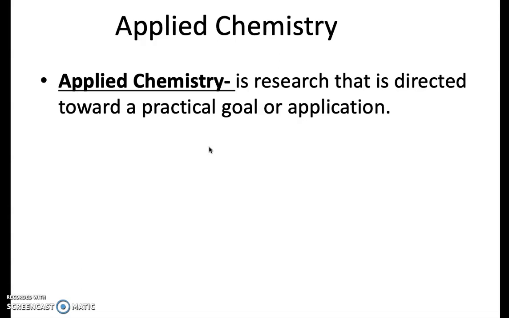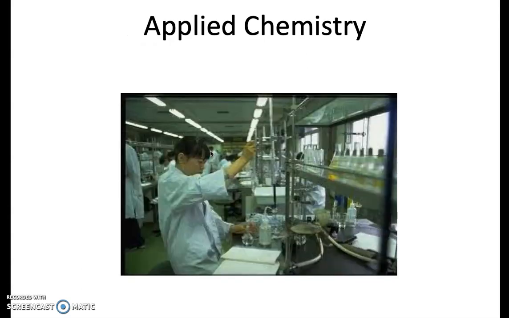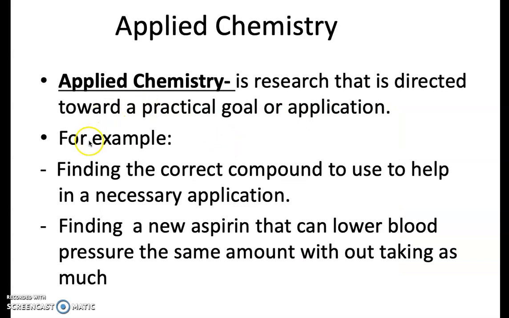Applied chemistry is research that is directed towards a practical goal or application. Okay, so they're trying to figure out a cure for something, or a treatment for something. For example, finding the correct compound to help use in a necessary application, or finding a new aspirin that can lower blood pressure the same amount without taking as much.